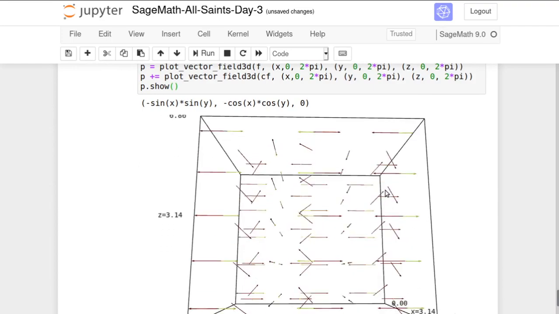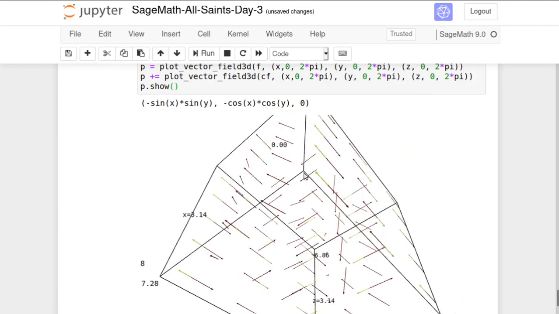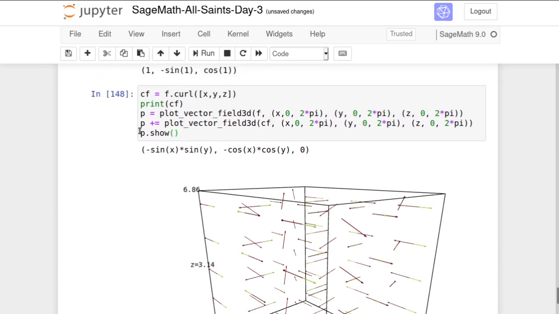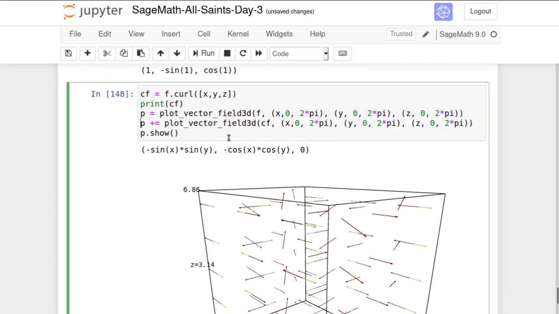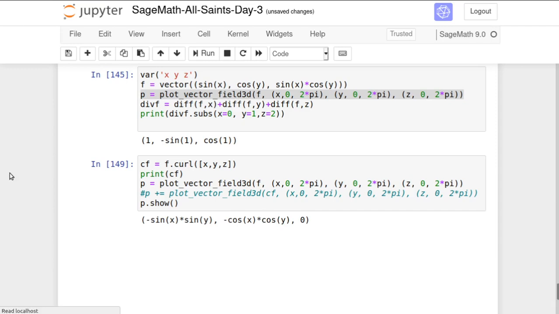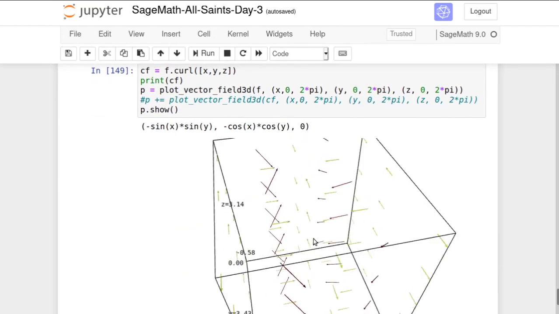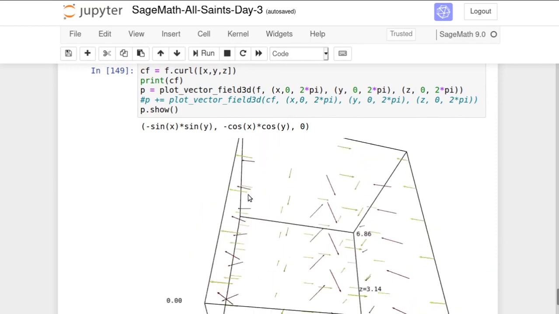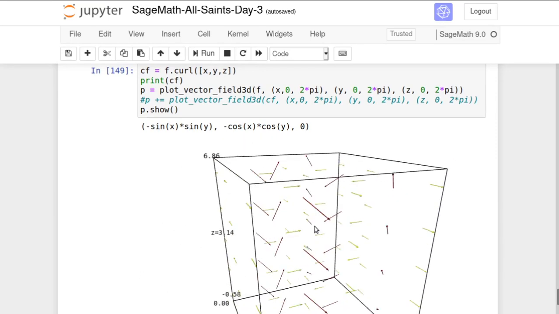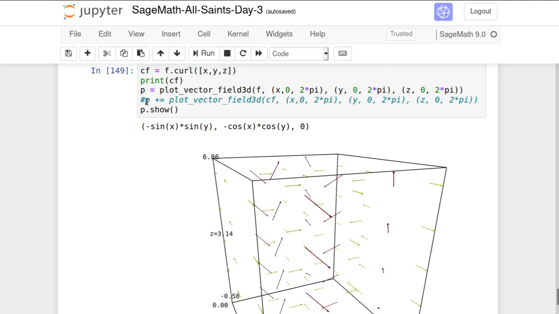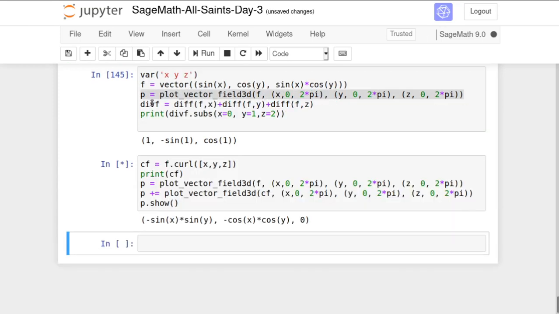These are the things I'm getting extra. Am I getting something extra, or am I getting exactly the same thing? You see, once again, there is no curl here. So am I getting some extra vectors here? You can see that. These are the vectors if I am just plotting this F vector field. If I am plotting the curl also, they are also vectors.